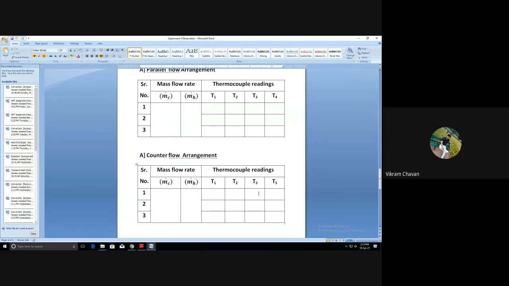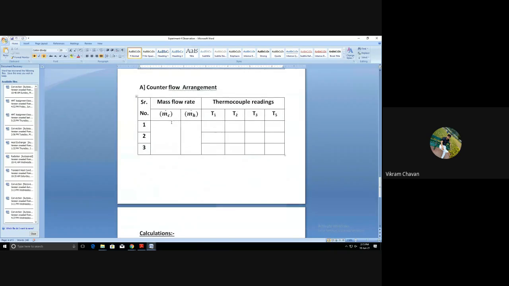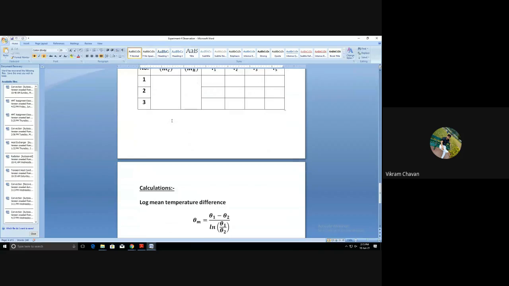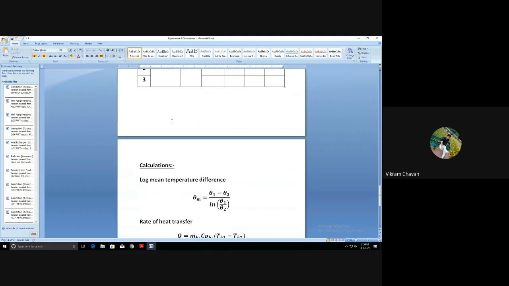Okay, then if you take the readings for the temperatures, and you have readings for the mass flow rate for the hot and cold fluid, then you can calculate the log mean temperature difference, that is LMTD. Here I have written the formula for LMTD. But if both theta 1 and theta 2 are the same, then we have to use L'Hospital's rule, and in that case we consider theta m as theta, that is the inlet and outlet temperature difference of the hot fluid.